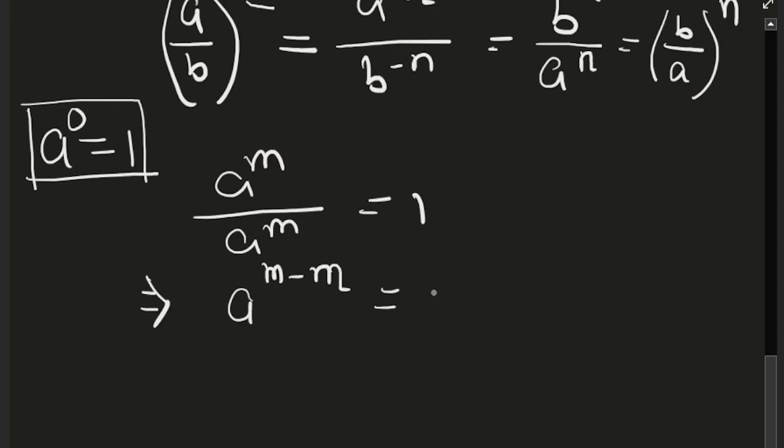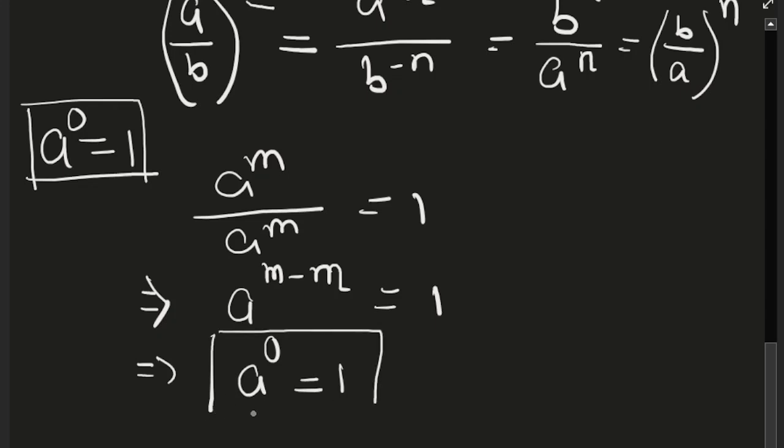So m minus m is 0. So that means a to the power 0 is 1. This is the small proof of a to the power 0 is 1. So for any value of a, a to the power 0 will be 1. That means if you write triangle to the power 0, which is not in real, but hypothetically this is correct.